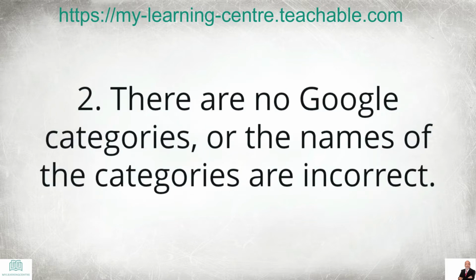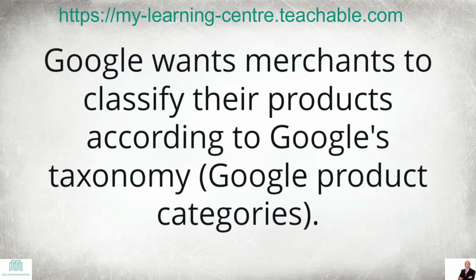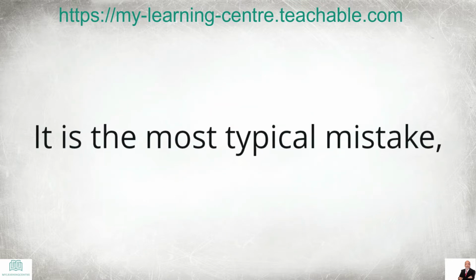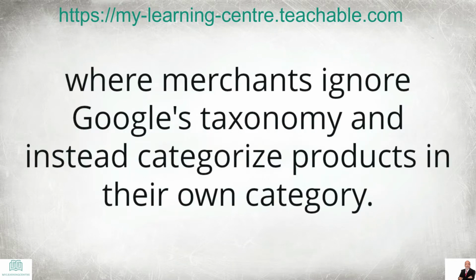2. There are no Google categories, or the names of the categories are incorrect. Google wants merchants to classify their products according to Google's taxonomy, Google product categories. It is the most typical mistake, where merchants ignore Google's taxonomy and instead categorize products in their own category.